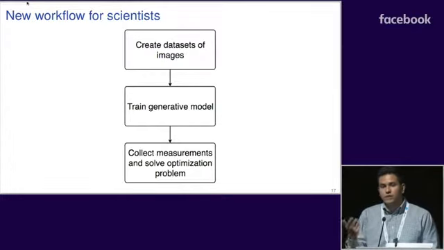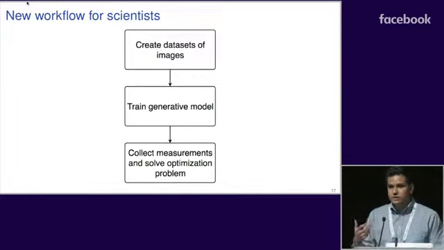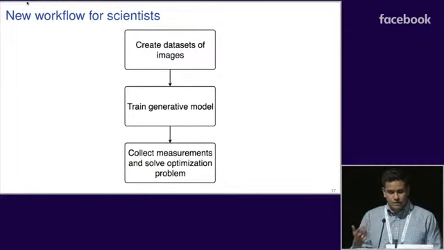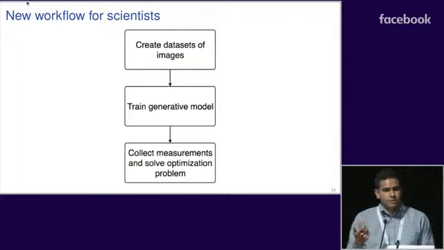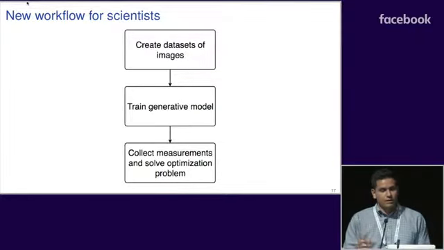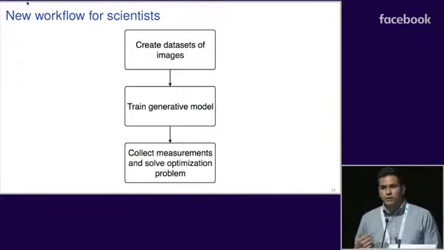For example, for phase retrieval, this could be electron density maps, or MRI scans. Then you can train a generative model to output these types of images. And then once you have this trained generative model, you can use it as a prior by collecting your measurements and solving the optimization problem that we mentioned before.